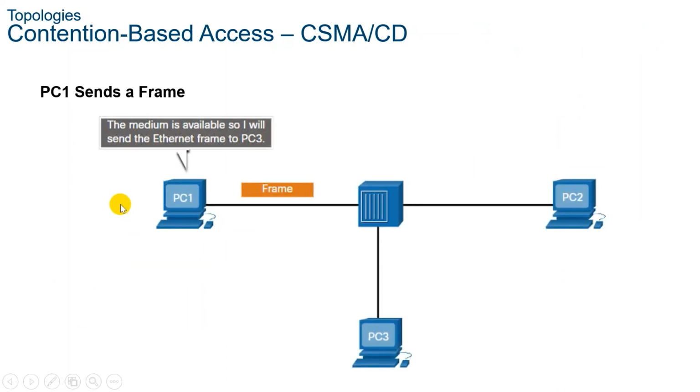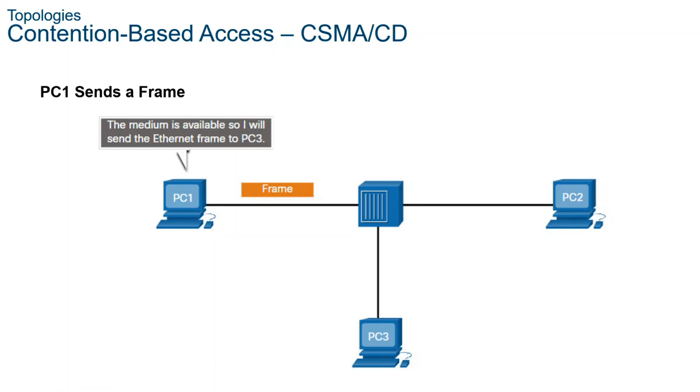All right, so let's have some detailed explanation here. Contention-based access using CSMA/CD. Basically, that would start with PC1. PC1 has an Ethernet frame to send to PC3. Now the PC1 NIC needs to determine if any device is transmitting on the medium.